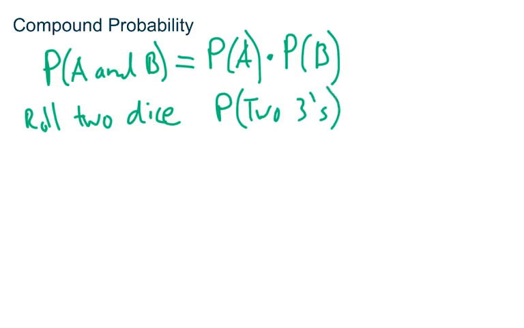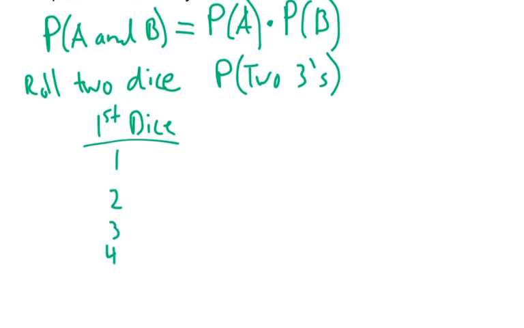Well, let's think about it. When we have that first die, we have 6 options for it. It could be a 1, 2, 3, 4, 5, or 6. And then the second one that gets rolled has the same options: 1, 2, 3, 4, 5, 6. Now here's where it gets a little bit crazy.